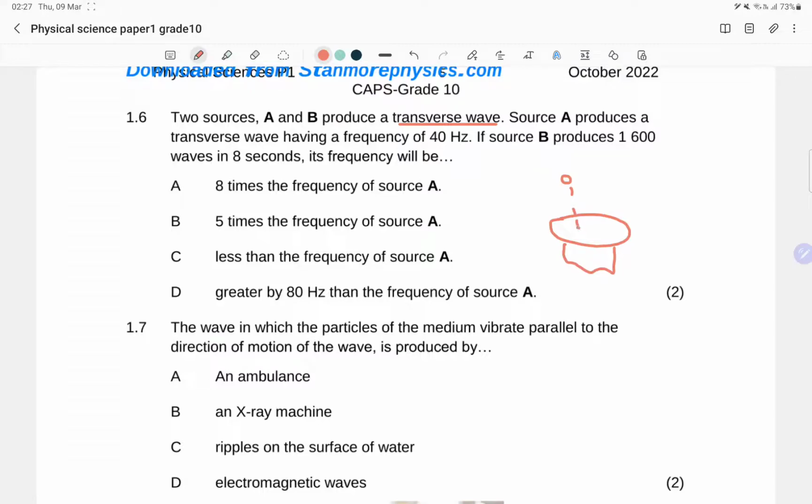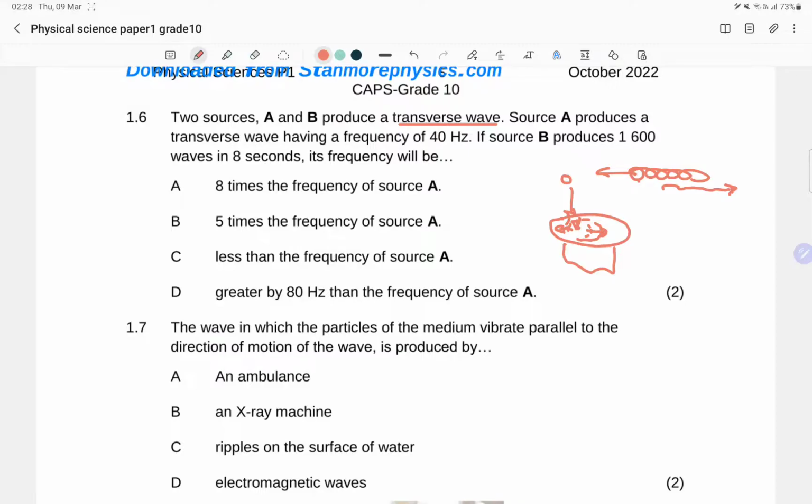As it hits, the waves will propagate horizontally in that direction and in that direction. But what was the direction of the disturbance? It was perpendicular. But with longitudinal waves, you could think of a slinky spring. If you pull it in that direction and then release it back to the position, it will propagate a wave in that direction. So that's what we call a longitudinal wave. So remember those two differences, okay?